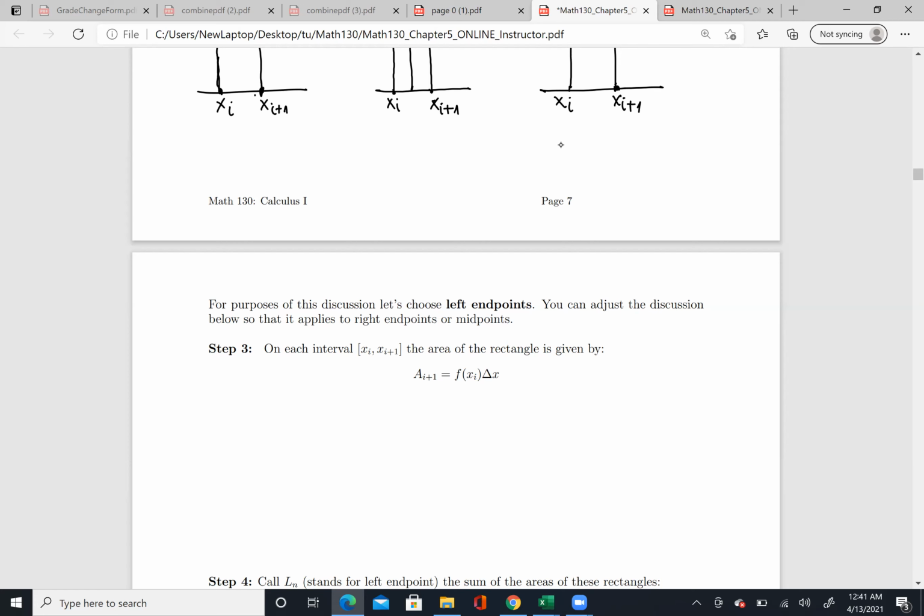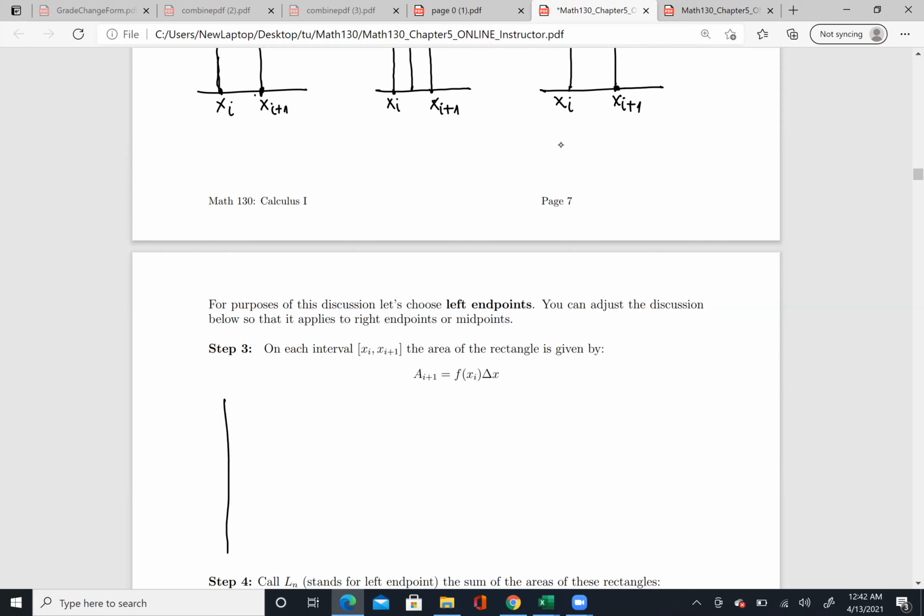Okay, so we have step 3: on each interval x_i to x_{i+1}, the area of rectangles is given by A_{i+1} equal to f(x_i) multiplied by delta x. So let's choose the left endpoint. Okay, so let's see what happens.